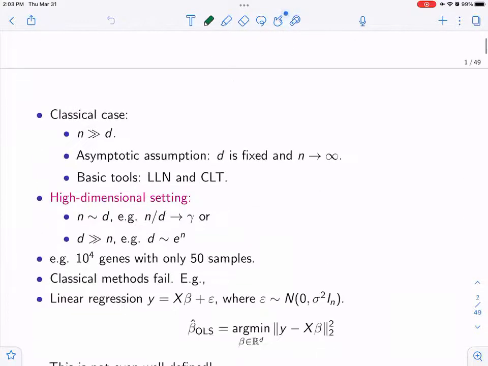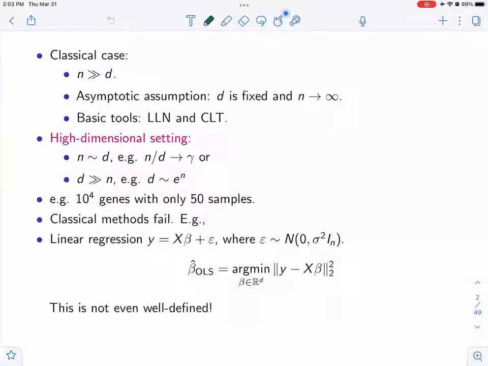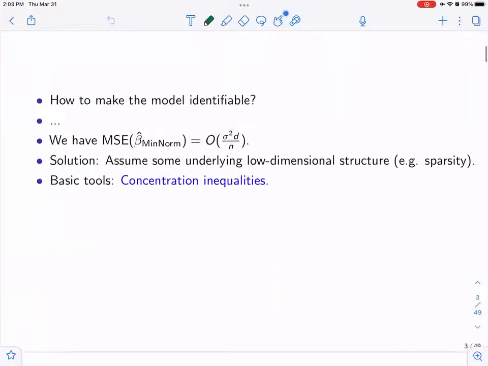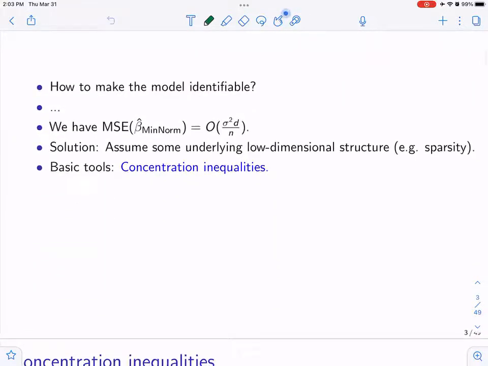Okay. So last time we had a motivating discussion about what high-dimensional statistics is, and I'm not going to repeat that, but we'll come back to the problem of sparse regression, after we have some basic tools in the form of concentration inequalities to attack the problem.